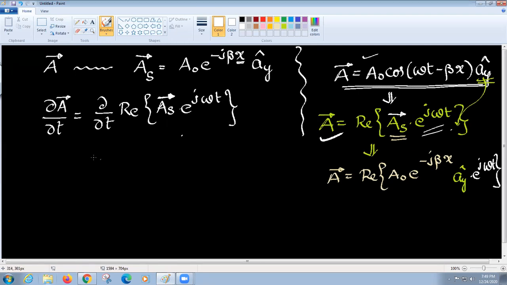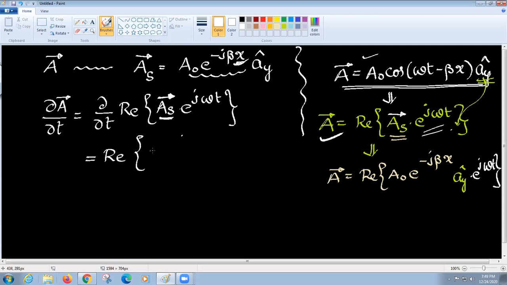When you have this, if I differentiate this, now you tell me one point. This A_s is a function of space because I don't have any time quantity here. I have only a space quantity, the spatial variable x or y or z, whatever you have to take. So I don't have any time stuff here. So it's customary to go this way.